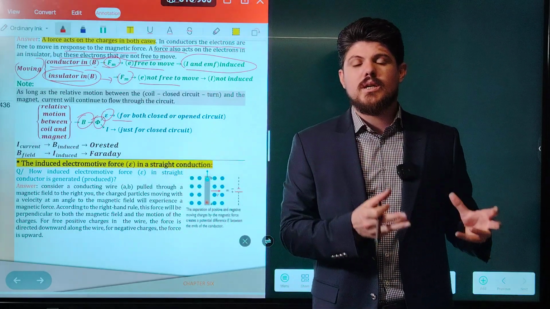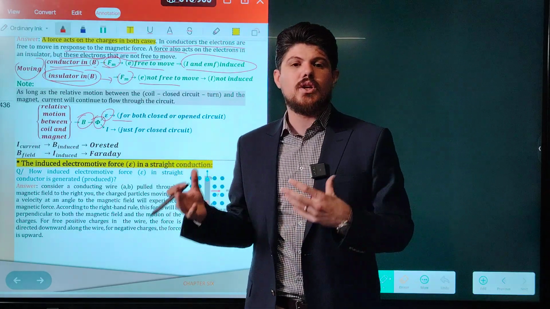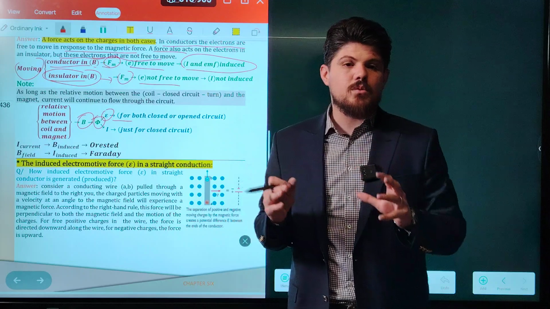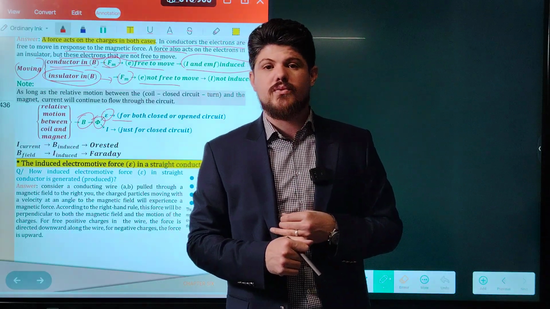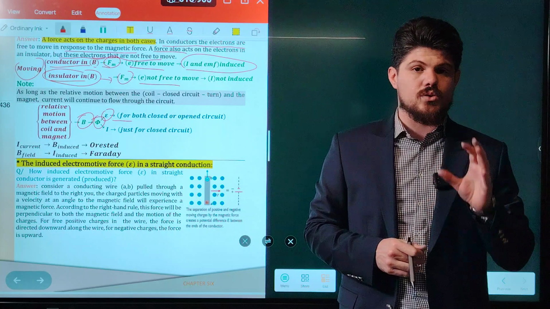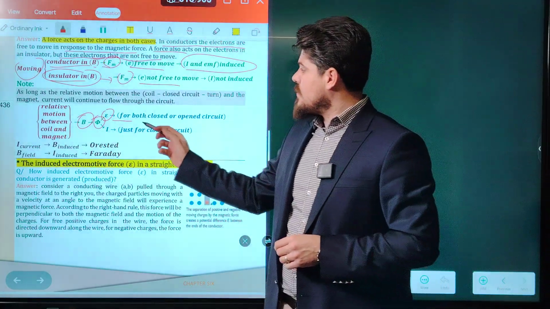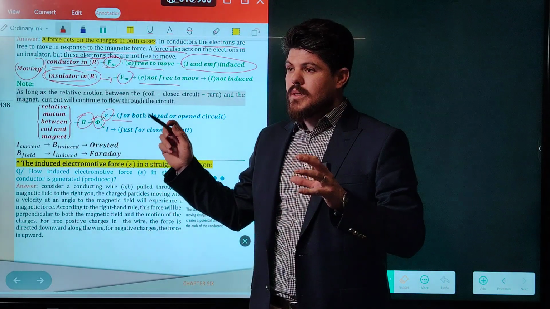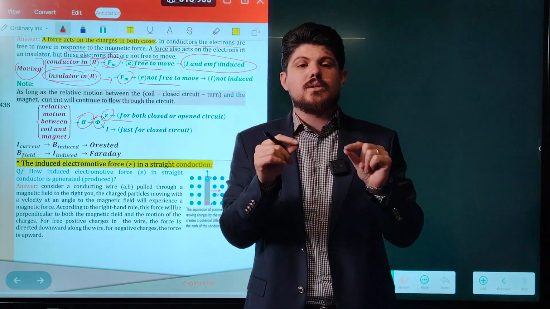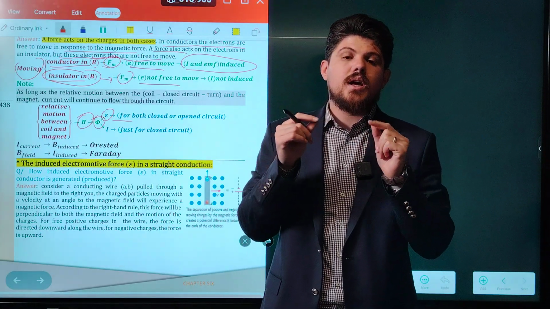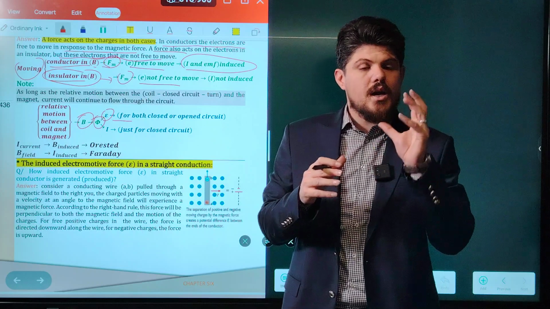By moving an open circuit into the magnetic field, is current induced? No. But by moving an open circuit into the magnetic field, a potential difference and electromotive force is induced or created. By moving the open circuit into the magnetic field, is EMF induced?